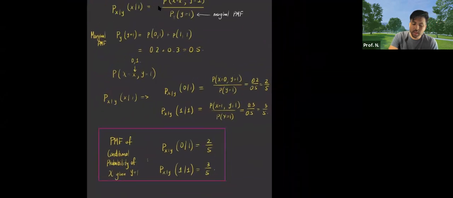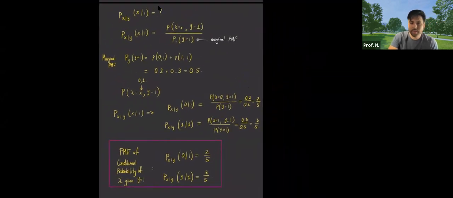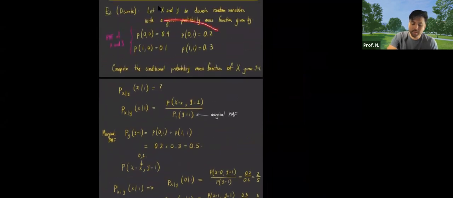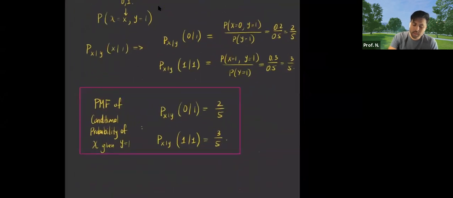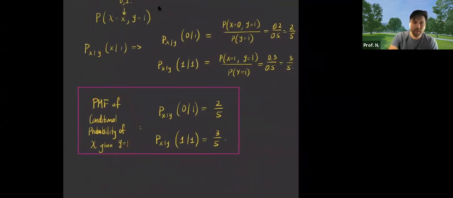Do you guys see how we're doing this? We're creating a PMF based upon the joint PMF. And do you see here, this is indeed also another PMF, because when you add these up, you get 1. So in itself it is a PMF. Are we good with this?